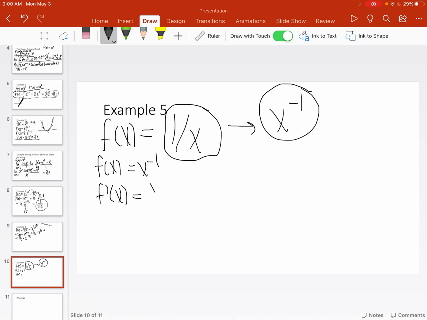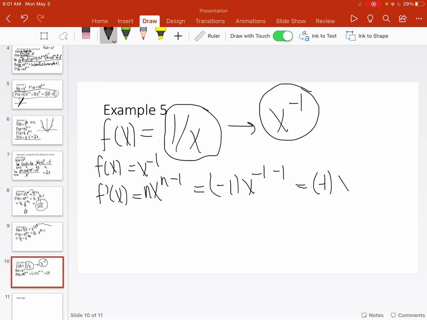Now that f of x is written as x to the -1, this is quite easy. Just follow our rule. f prime of x is equal to n x to the n minus 1. Bring down -1, so we've got -1, x, and we subtract 1 from the exponent. What do we get?